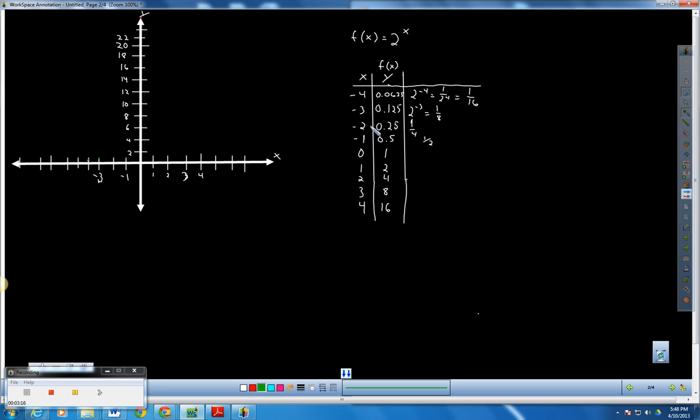Next, 2 to the -2 power is 1/4. That's the same as 0.25. All right, finally something somewhat substantial there. Not as substantial as I like it, though. 2 to the -1 is 1/2. So understand here, these aren't exact. I'm putting these here more or less to show you this should really start here. I didn't even need really all these in between. It's going to start here. It's going to cross obviously here at the 1.